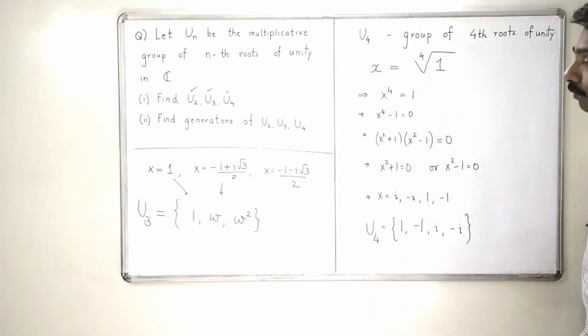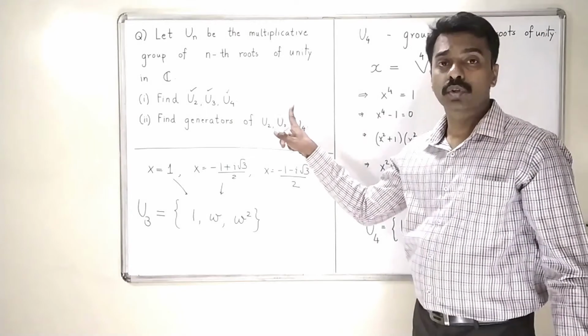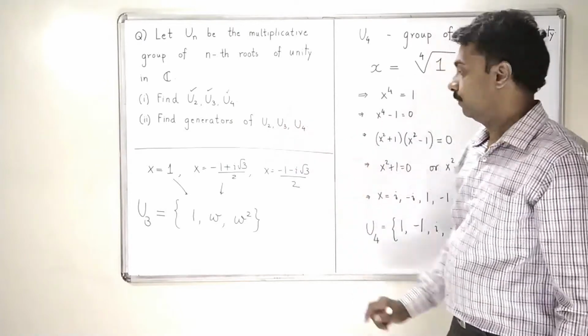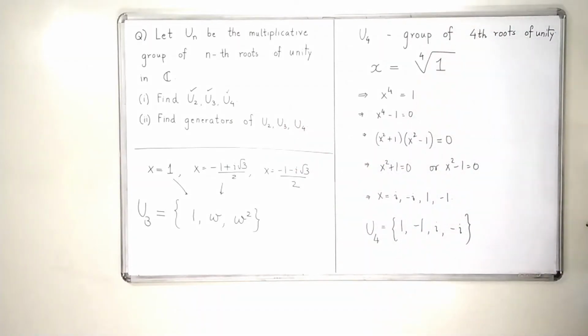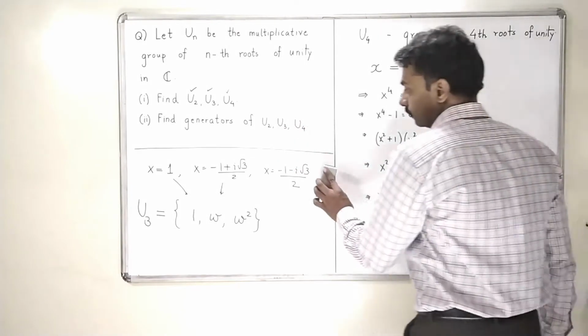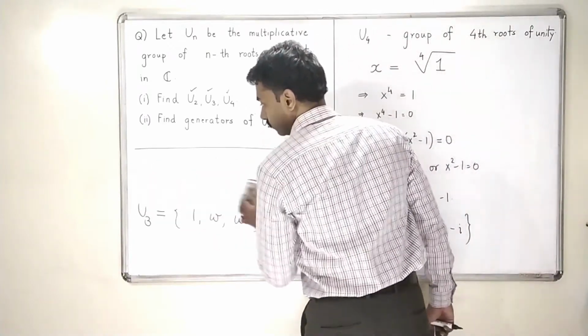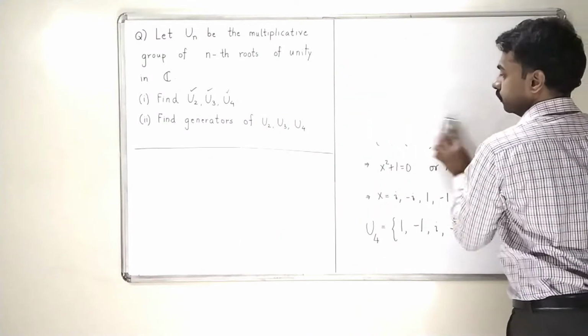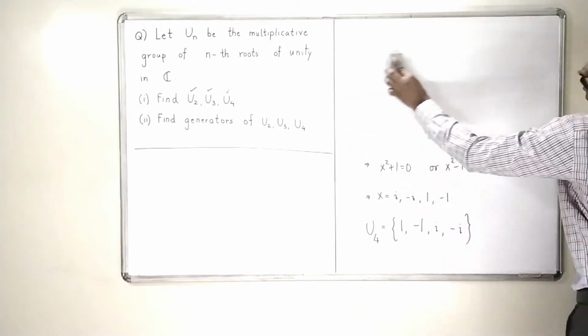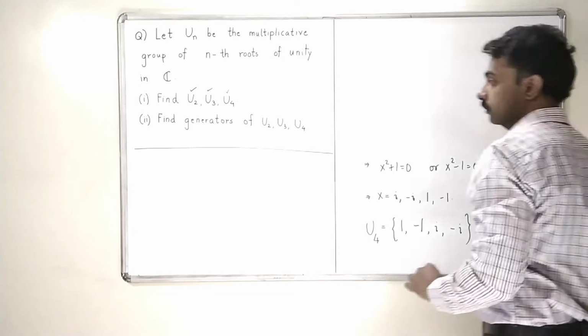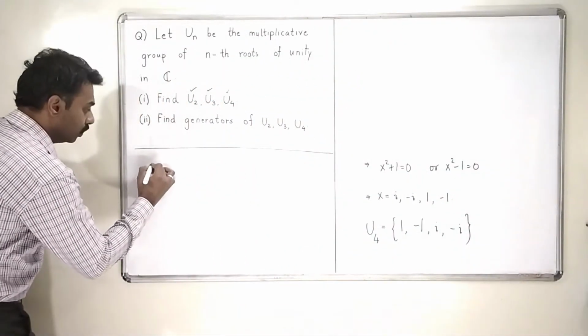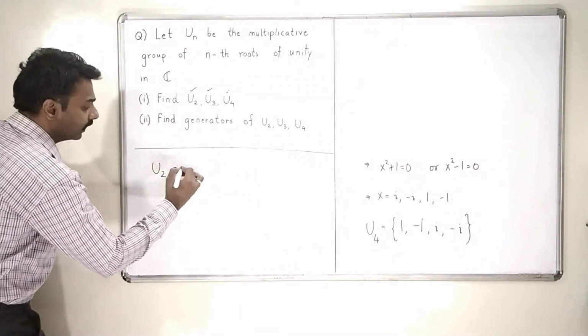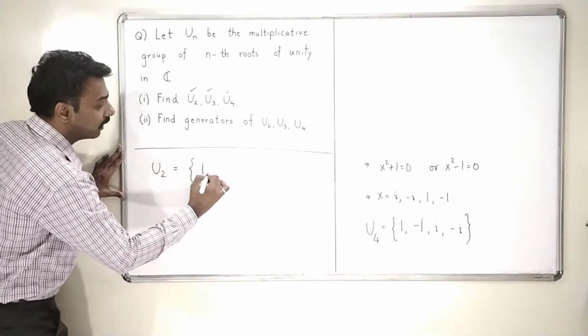Now in the second part, we want to find the generators of U2, U3 and U4. Okay, so let us go for that. So U2 is 1, minus 1.